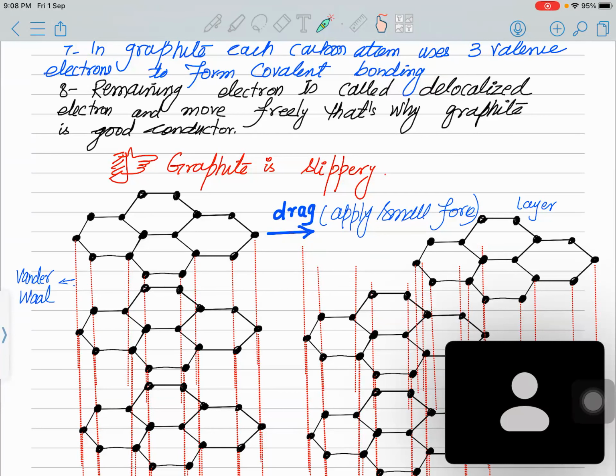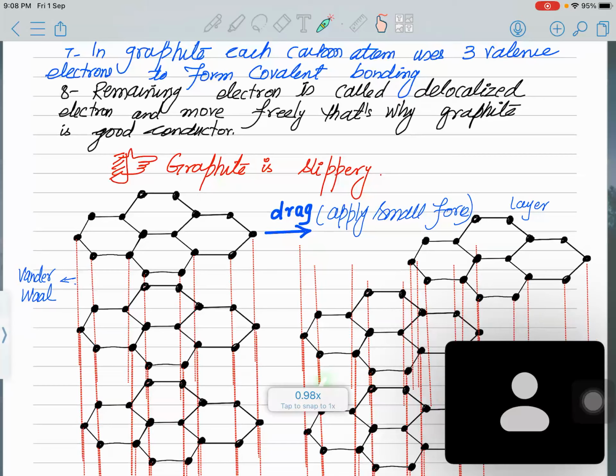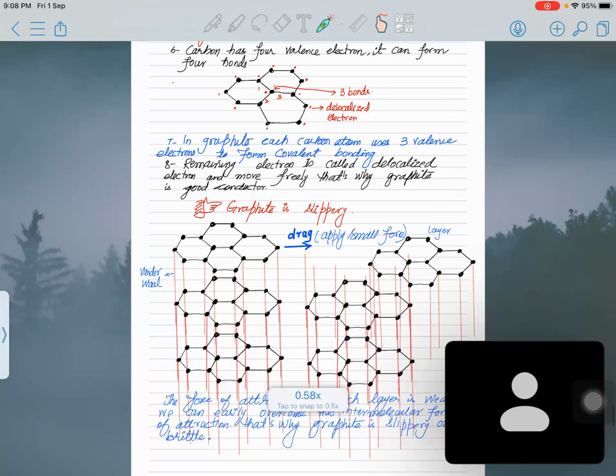Next, which one has free electrons, diamond or graphite? Graphite. Why does graphite have free electrons? Because in the graphite structure each carbon atom can form four bonds, as carbon has four valence electrons, but it forms only three bonds. The remaining electron is a free electron, so it can conduct electricity.